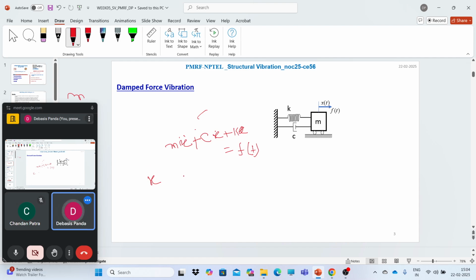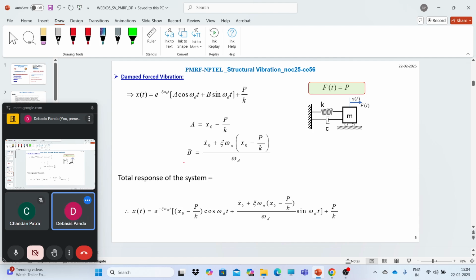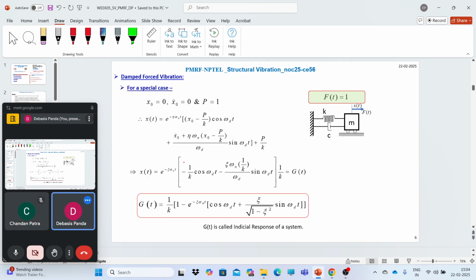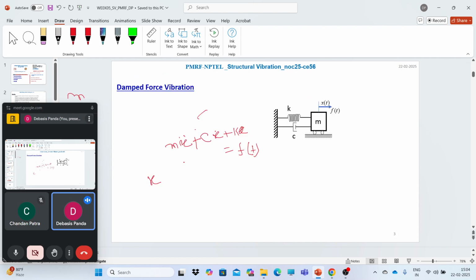So till now we haven't talked about any numerical techniques which we can use to get the solutions directly. We have solved this problem for different kinds of loading; for f of t we have used harmonic loading.